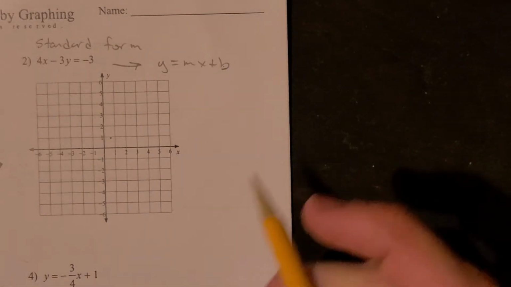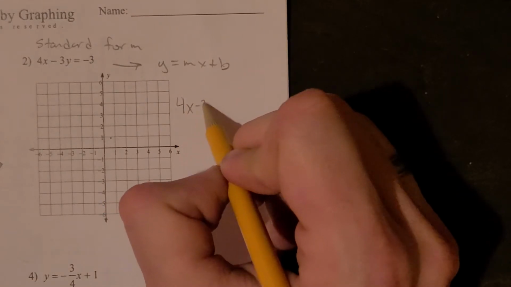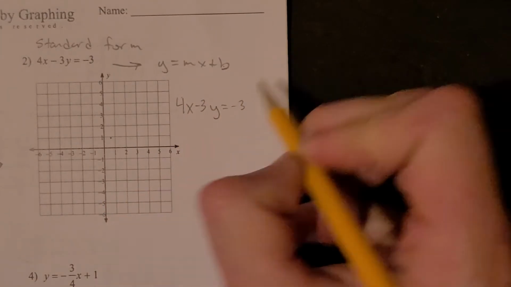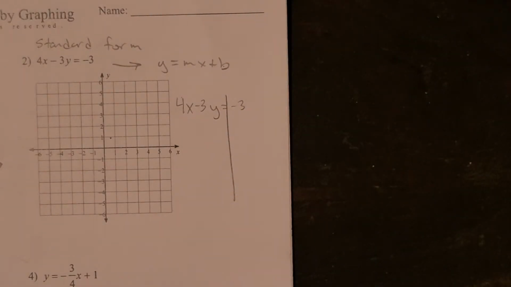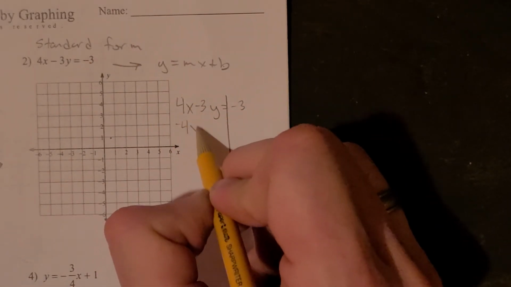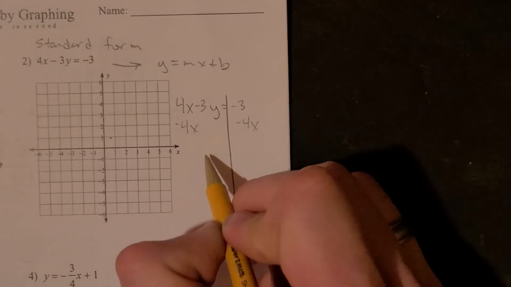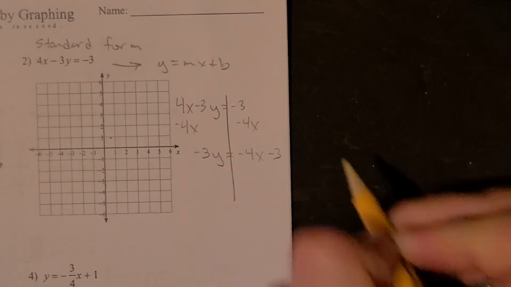I told you for this one, you are going to need to take this 4x minus 3y equals negative 3. Before you graph it, you had to change it into slope-intercept form. Currently, it's in standard form. You need it in y equals form. You should have subtracted 4x, so negative 3y equals negative 4x minus 3.